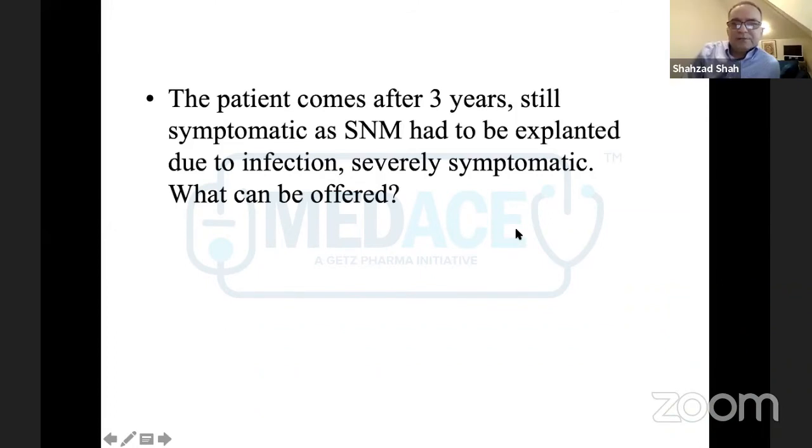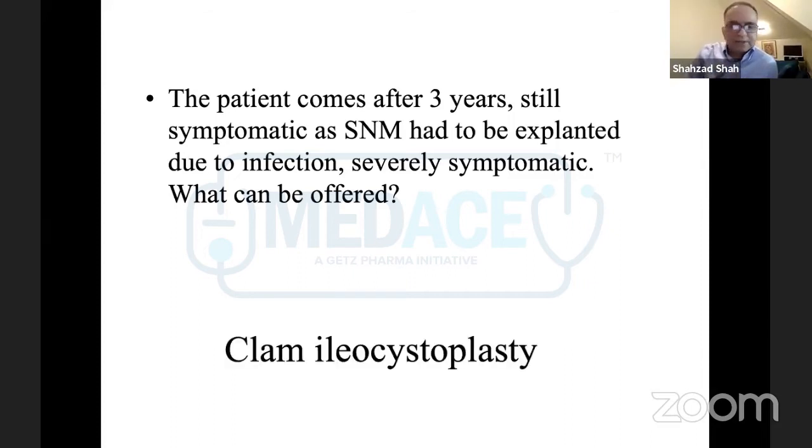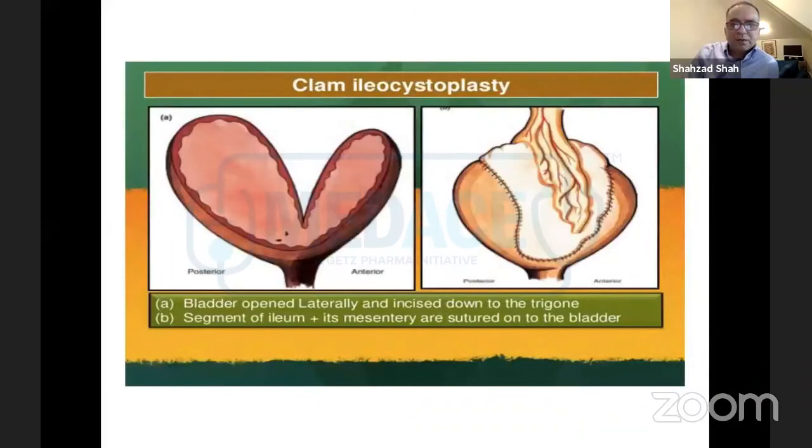This patient then comes after 3 years, still symptomatic, as the neuromodulation had to be explanted due to infection. She is severely symptomatic. What can be offered? A clam cystoplasty is the way forward if the patient has good hand function and is able to self-catheterize. You bivalve the bladder, usually down to the level of the UOs.